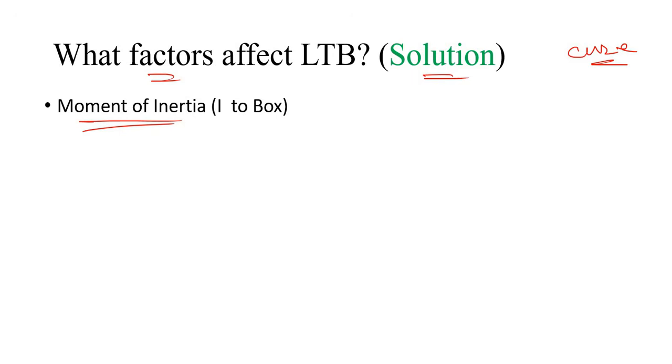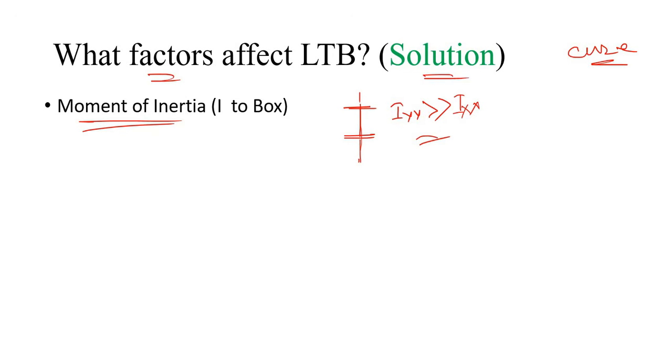If the moment of inertia about this minor axis is higher, let's say somehow we have managed to design a section where the minor axis moment of inertia is higher than this one, then what will happen? Will it buckle sideways? Definitely not.